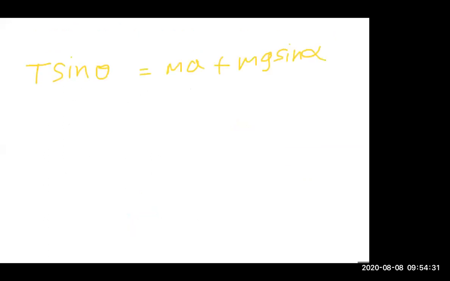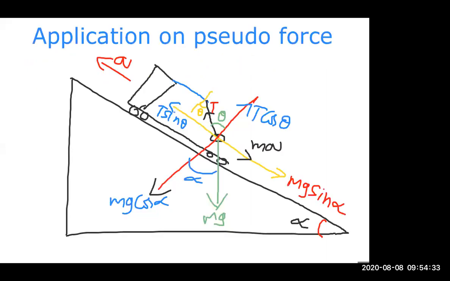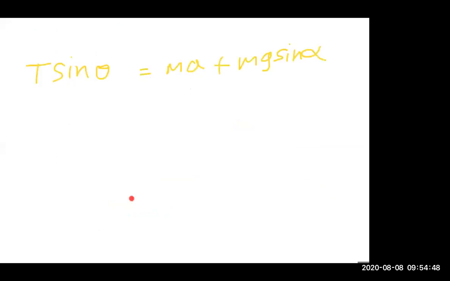From where did we get this? From here. So T sin theta is opposite to MA plus mg sin alpha. Next, T cos theta is opposite to mg cos alpha. So here I can write T cos theta is equal to mg cos alpha.